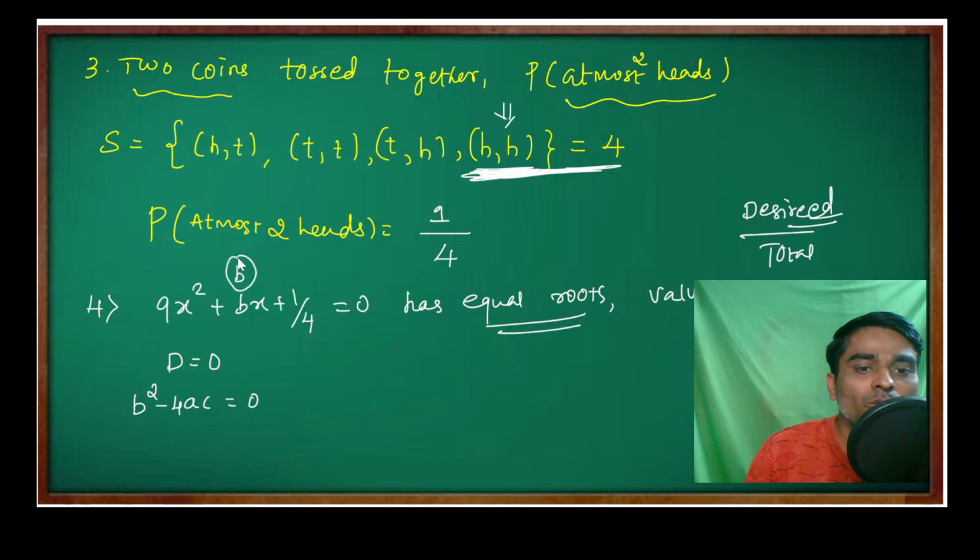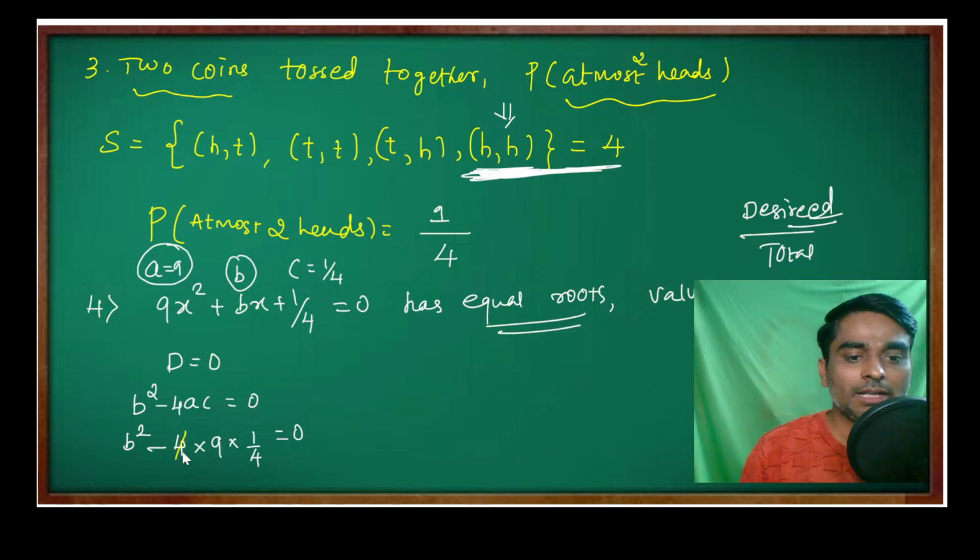b means b only. a means 9. In the place of a I have 9 here, and in the place of c I have 1 by 4. Just substitute all these values. b is b only, therefore b square minus 4 into a, 9, into c, 1 by 4, equal to what? 0. Can I cancel 4 and 4?